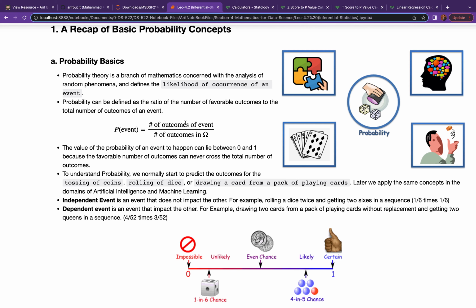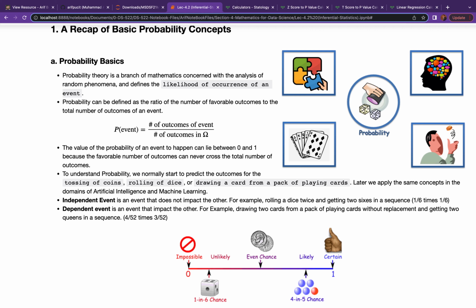To understand the probability, we normally start with predicting the outcomes of at times tossing a coin, maybe rolling a dice, or maybe drawing a card from a pack of playing cards. And later we apply the same concepts in the domain of artificial intelligence and machine learning.